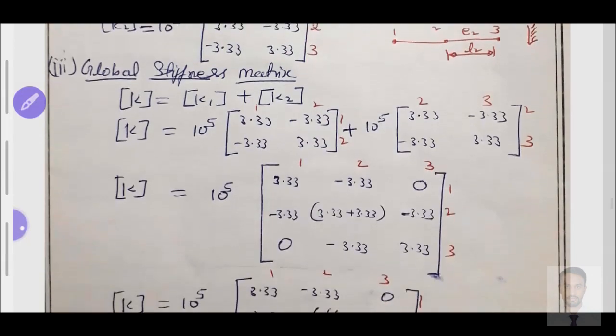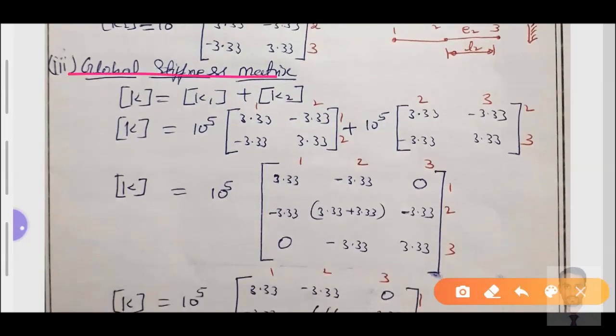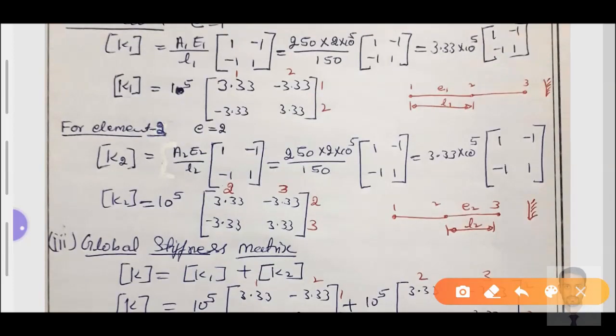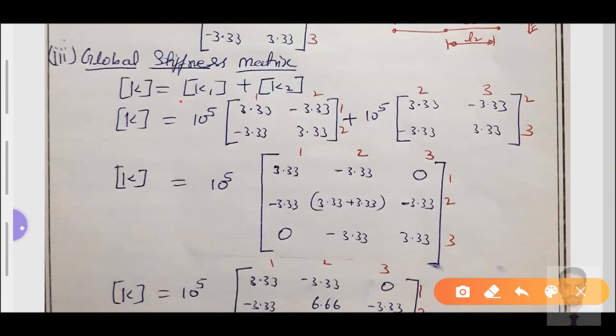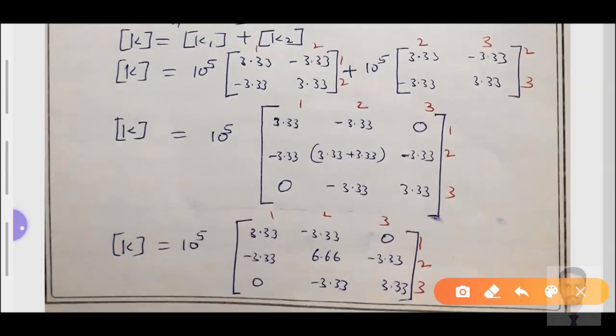We got this idea. Now we'll find the global stiffness matrix. We have the two elements K1 and K2, and we add both the K1 and K2 values. Consider two elements, each having two nodes, connected to each element.